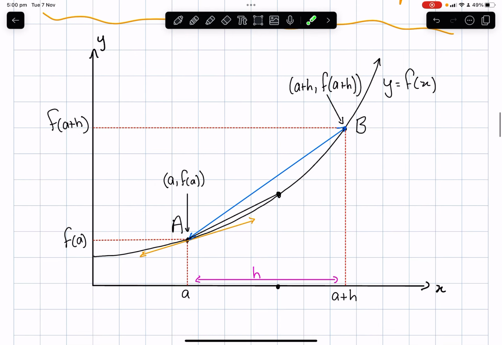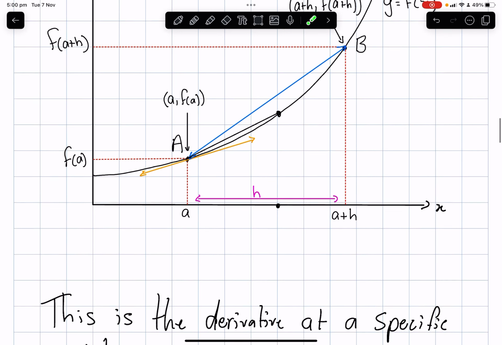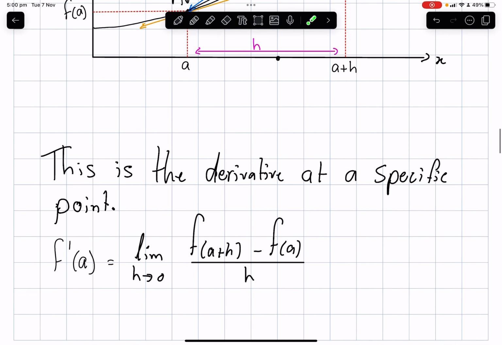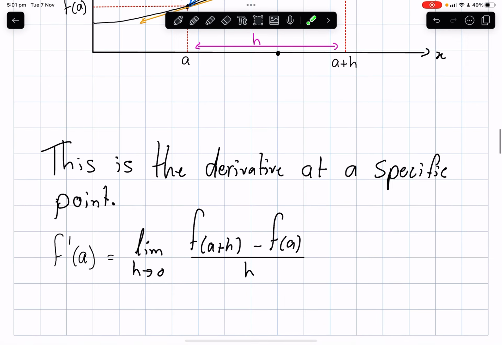So to actually find this moving gradient as B gets closer to A and h is getting smaller, we use this equation here. So the derivative at a specific point, f prime of a, f dash of a, is the limit as h goes to 0, so as h gets really, really small, of f of a plus h minus f of a, all over h.